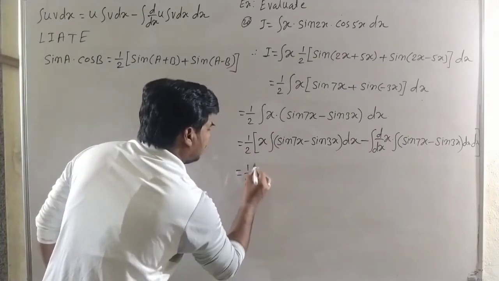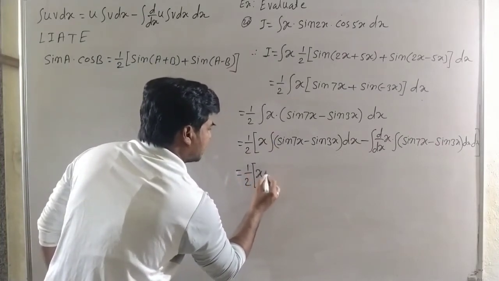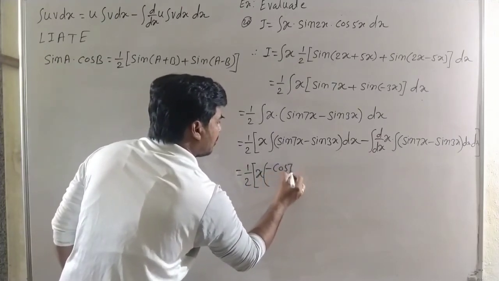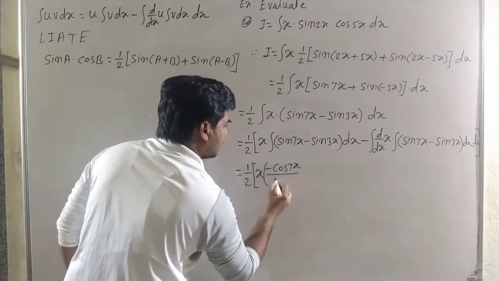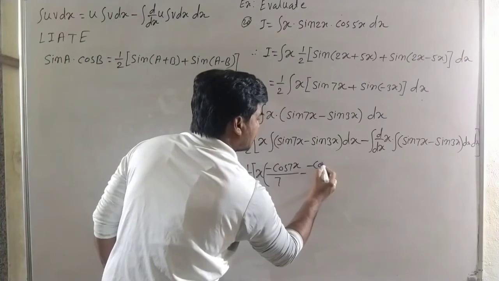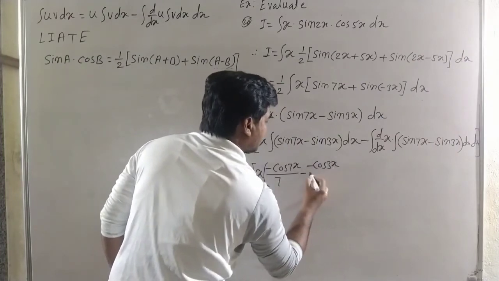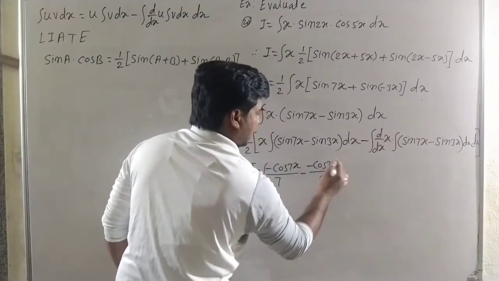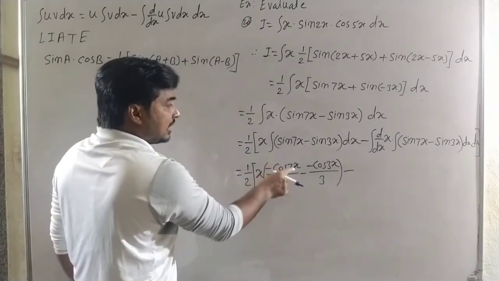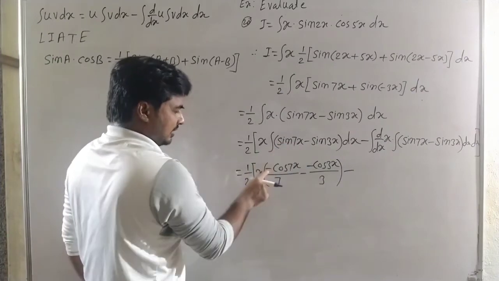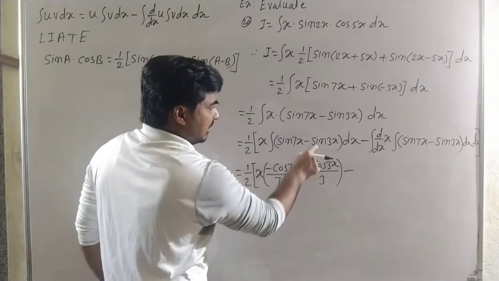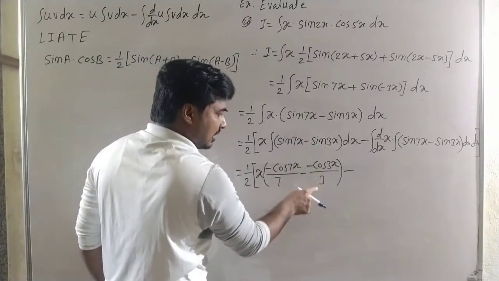It is 1 by 2 into, here x as it is. See carefully, it is minus cos 7x upon 7 minus cos 3x upon 3. Okay, the integral of sin x is minus cos x, but here sin 7x, therefore minus cos 7x upon 7, and then for sin 3x, it is minus cos 3x upon 3.